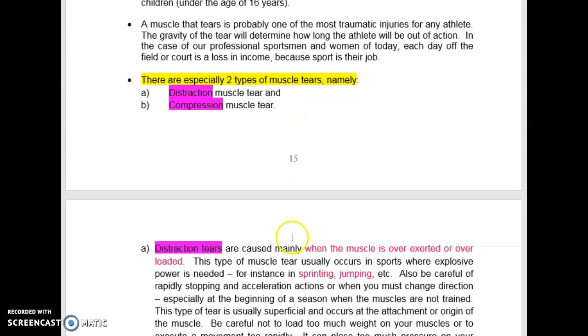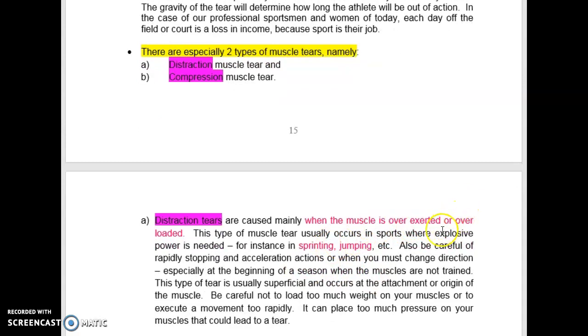And then the last two things. There are especially two types of muscle tears. Remember we forgot this last time? There's distraction and compression. Distraction is caused when the muscle is overexerted and overloaded.